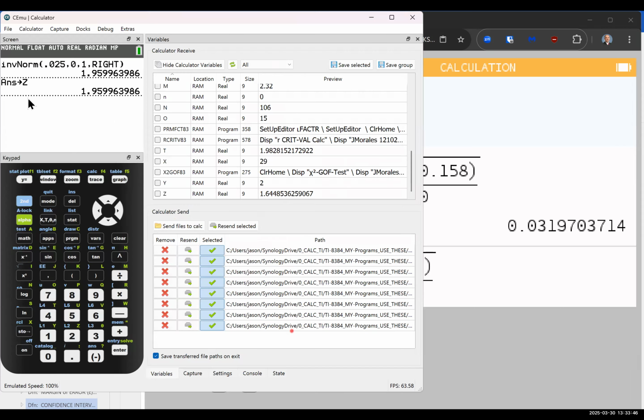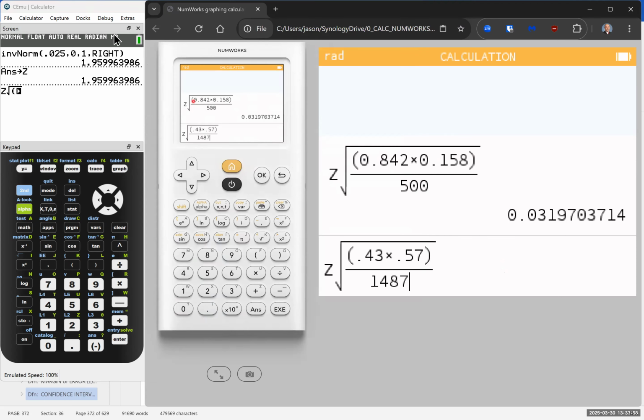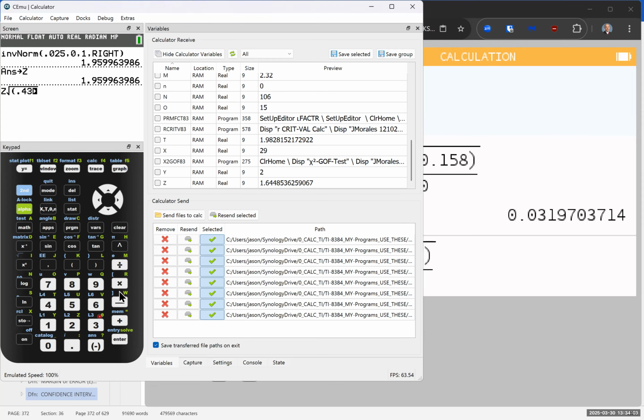Texas Instruments. Let me try not putting this in parentheses. So let me put Z, square root, numerator, 0.43 times 0.57 divided by, I think that was 1,487.